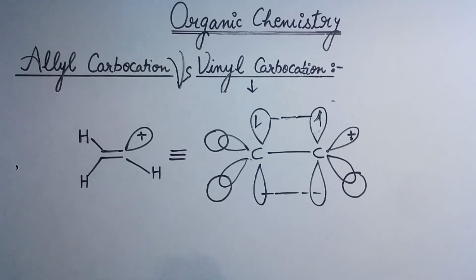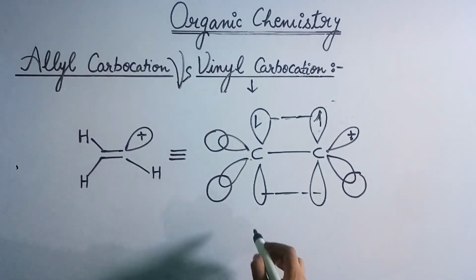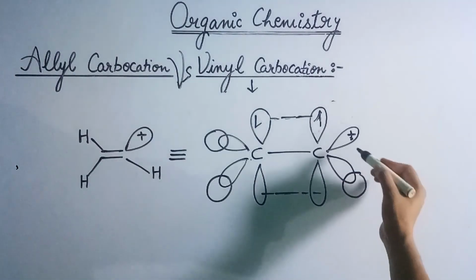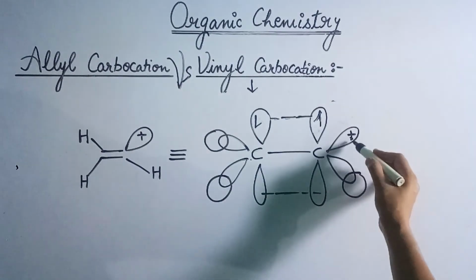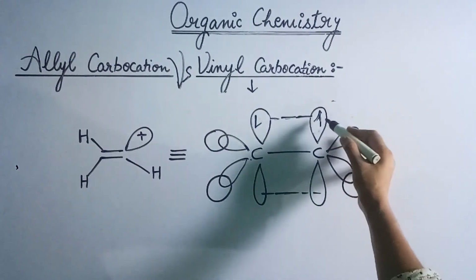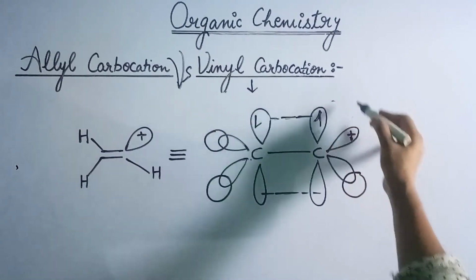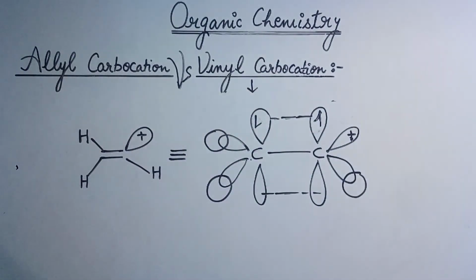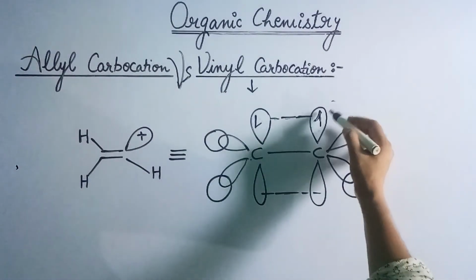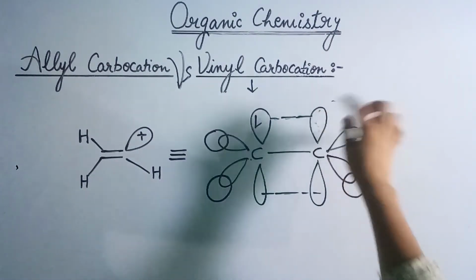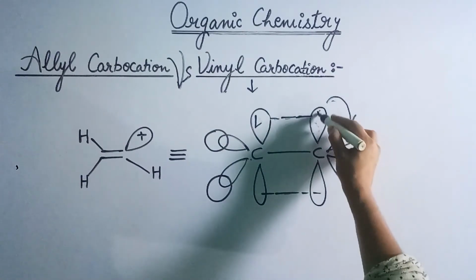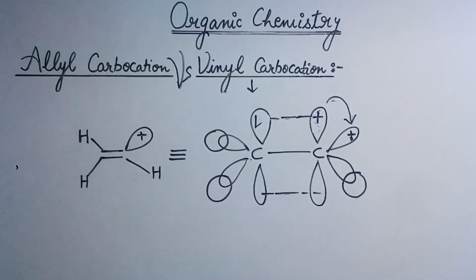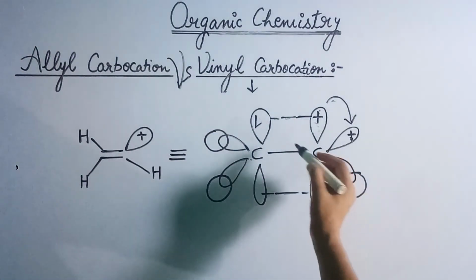So talking about the stability of vinyl carbocation, here is the molecular orbital diagram. You can see this is a positive center, that is an empty orbital. So if you think that this electron will jump to this and stabilize it, then you are totally wrong. Because if suppose this electron jumps to this place, then the positive center will be created here.